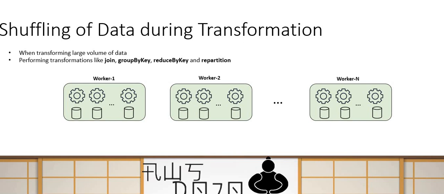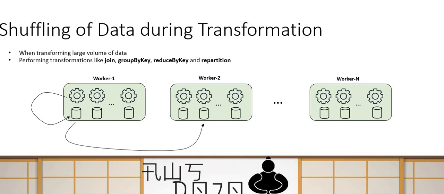As an example, suppose this is one executor which has to shuffle the data. It will simply write its data to the local disk allocated to it, and then over the network, this data is passed to the other executor, so that the other executor can perform the join operation or group by operation.